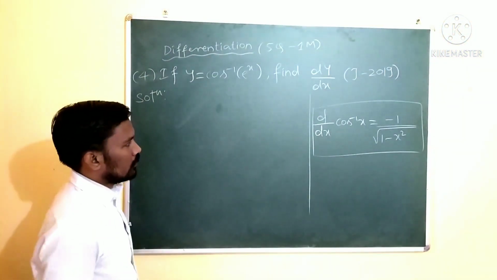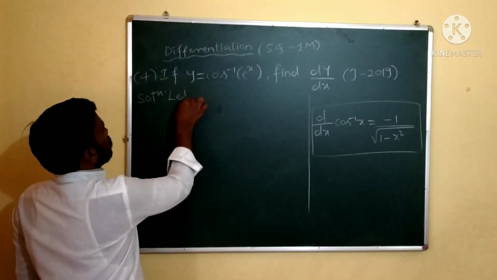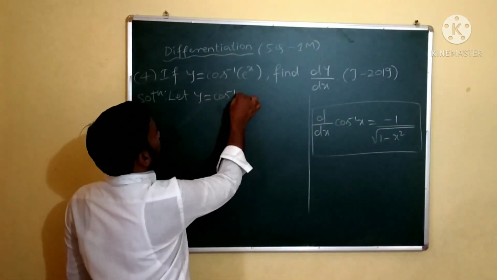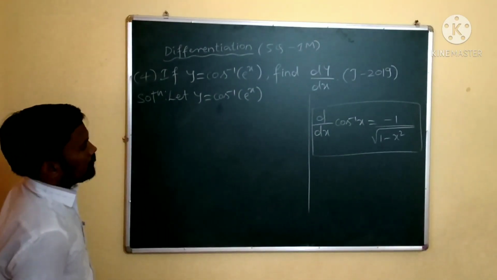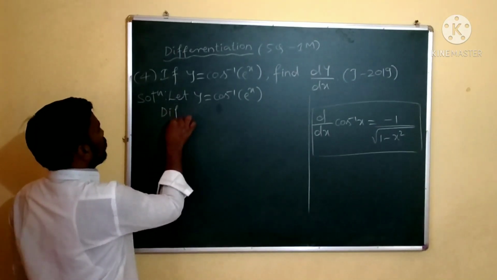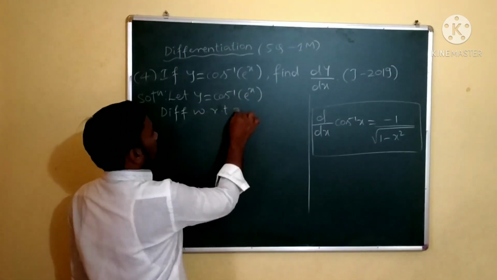So it is the inverse trigonometric function. Let y is equal to cos inverse of e raised to x, cos inverse of e to the power of x. Now again differentiating with respect to x.